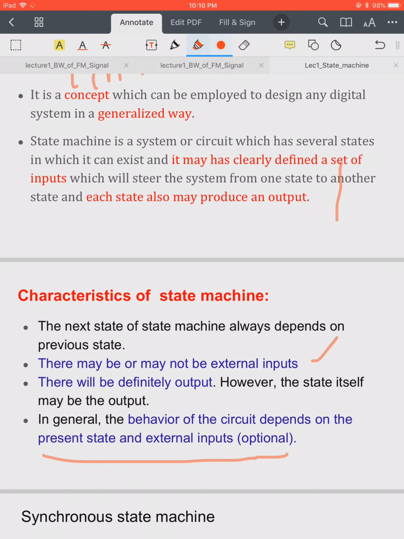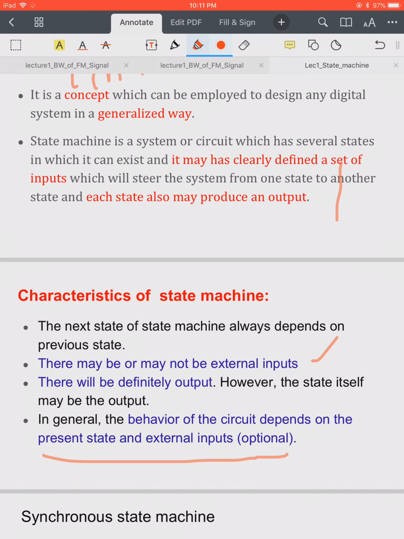And there will definitely be output, because when you are designing a system it should produce some output, otherwise how can you know that it matches the specification? You are designing the system to generate something, right? So it will always have some output, but you may not have external output. Sometimes the state itself may be the output.